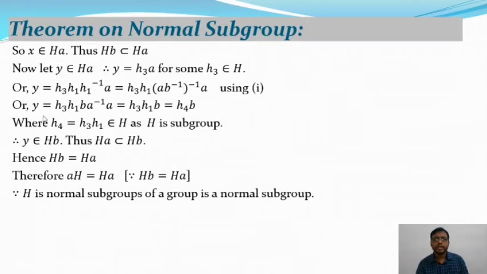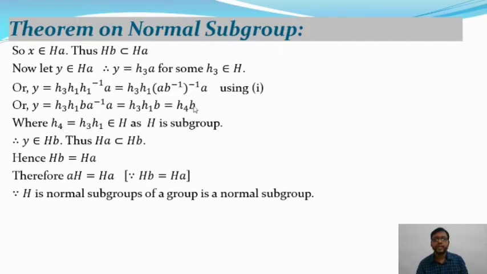So Y is equal to, after simplifying this, H3 into H1 into B, where we consider H3 into H1 is equal to H4, and it also belongs to H. So therefore Y is equal to H4 into B.